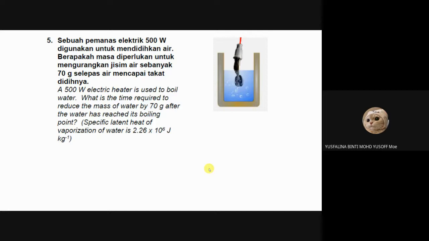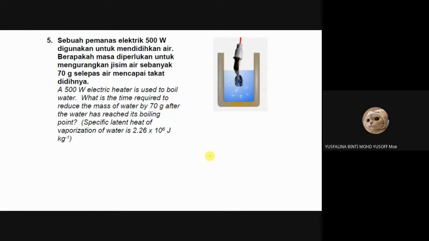What is the time required to reduce the mass by 70 gram of water that has reached its boiling point? 316.4 second.